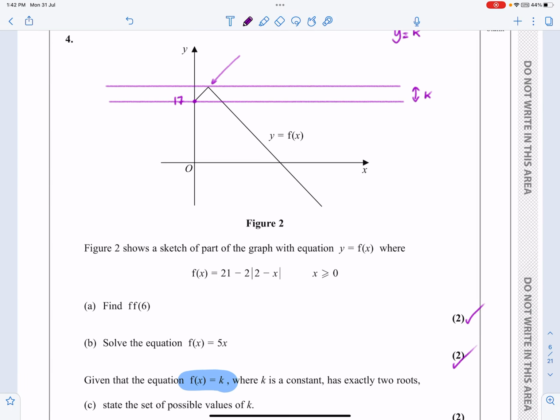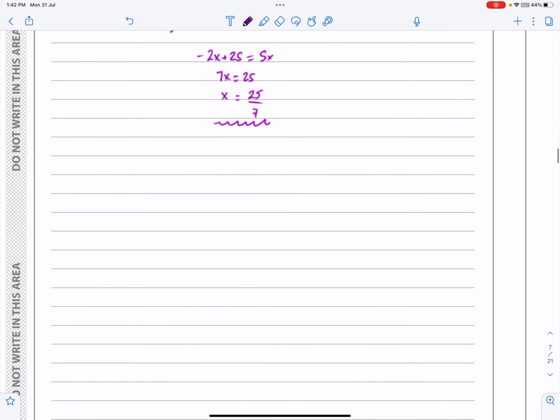So let's talk about that now then. This is part C. For the maximum of f(x), well, what is f(x)? f(x) is given by 21 minus 2 lots of the modulus of 2 minus x here.